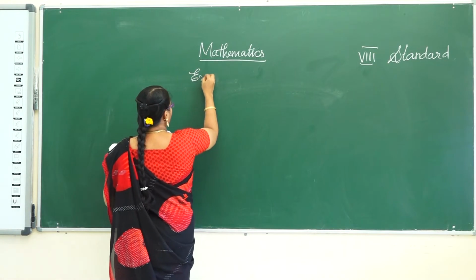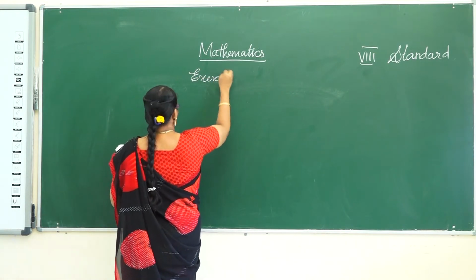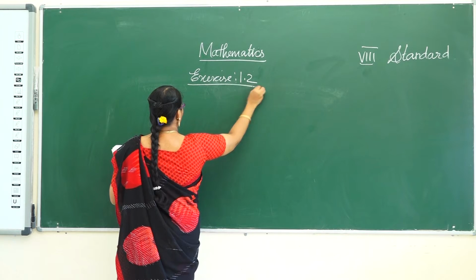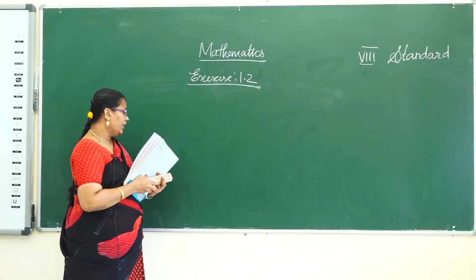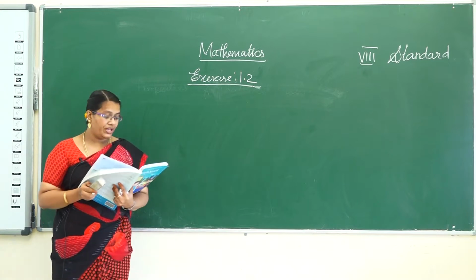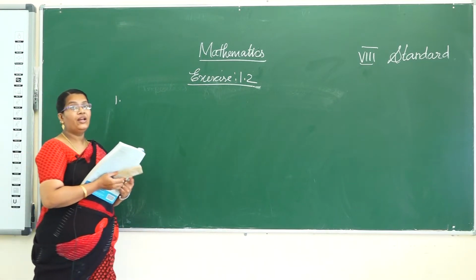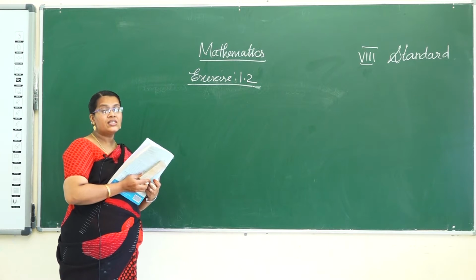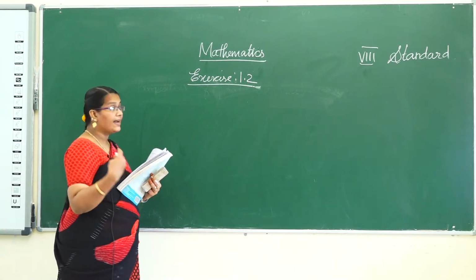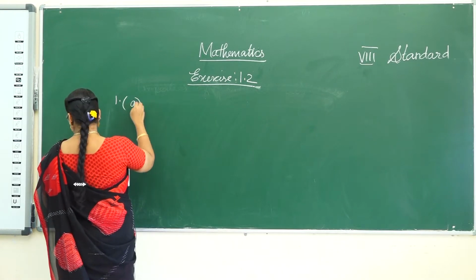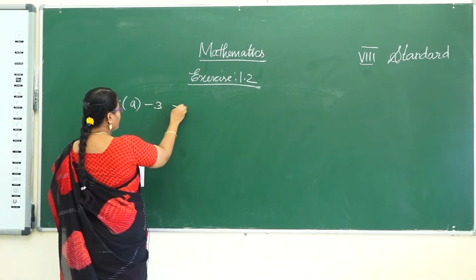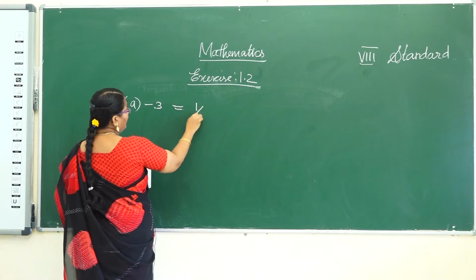Exercise 1.2. First one, find the multiplicative inverse of each of the following. Multiplicative inverse means its reciprocal. So first option, minus 3 is given. What is the reciprocal of 3? 1 by 3.